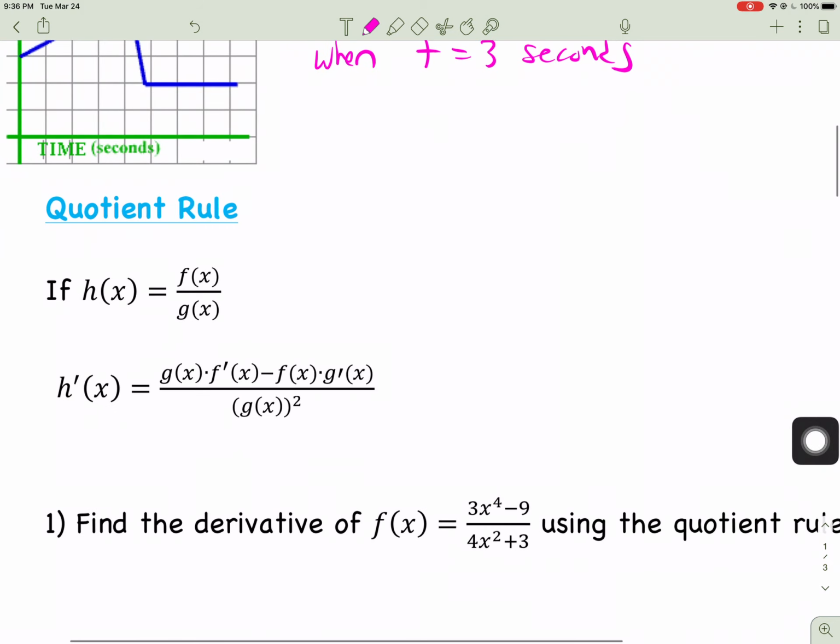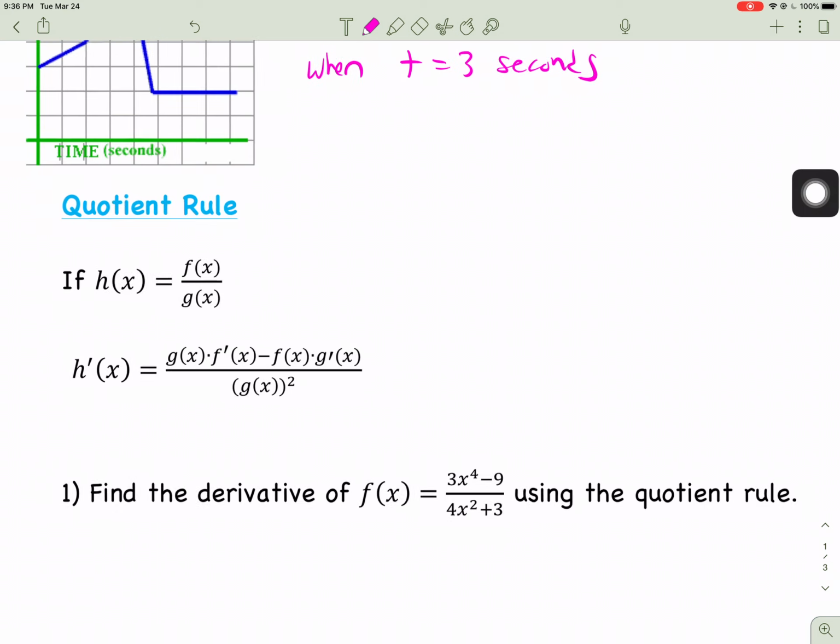So the quotient rule says if you have a function h of x that is the division of two other functions f of x and g of x, then the derivative of the entire function h of x will be the denominator times the derivative of the numerator minus the numerator times the derivative of the denominator over the denominator squared. And we have a saying that we use to help us remember this.